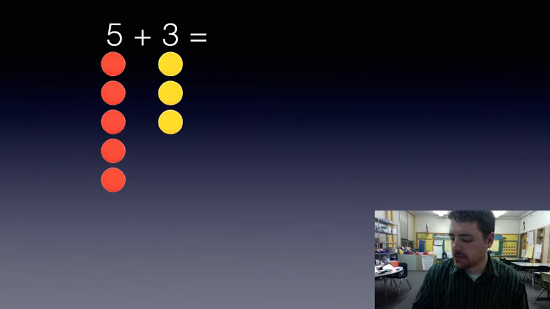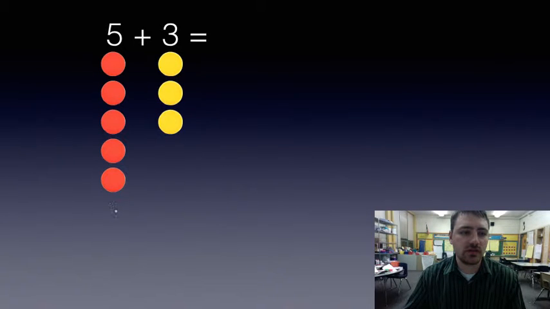Now, to figure out exactly how much they're worth, you could just count these up, 1, 2, 3, 4, 5, 6, 7, 8, and you know that 5 plus 3 equals 8. Pretty easy, right?